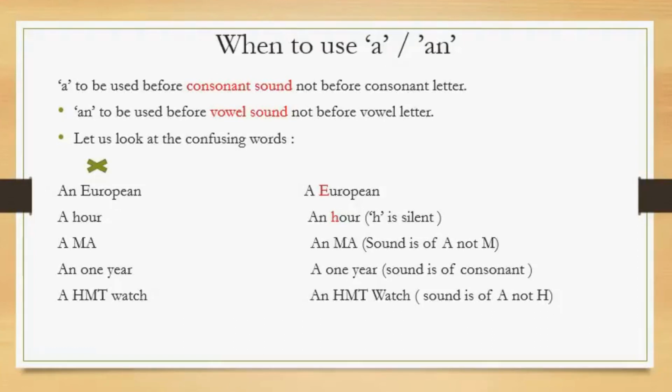Then put an. If we are hearing a consonant sound, we should not put an. So it should be a one ear. A HMT watch. Again, H is a consonant, seeing that students put a. Actually, it is HMT, an A sound is there. So, an HMT watch.